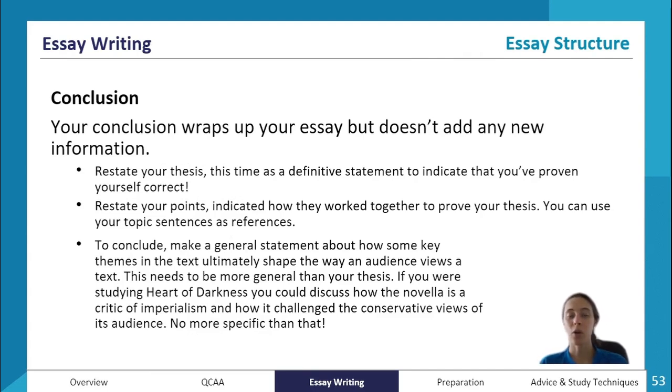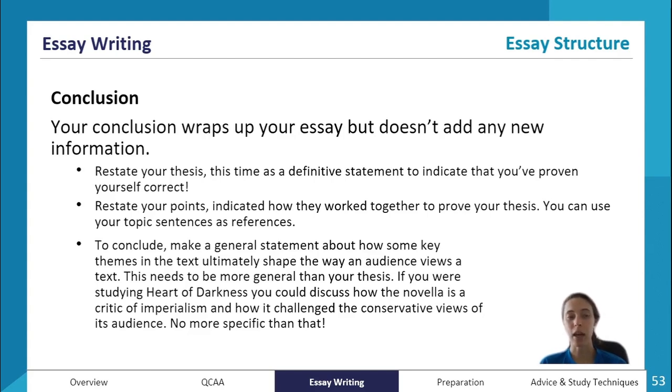Okay, so of course, there's always lots of emphasis put on the introduction because of the importance of establishing your thesis. And then lots of emphasis is also put on the body paragraphs because it makes up the bulk of your essay. But don't neglect your conclusion when it comes to essay writing. So it wraps up your essay, but it doesn't add any new information.